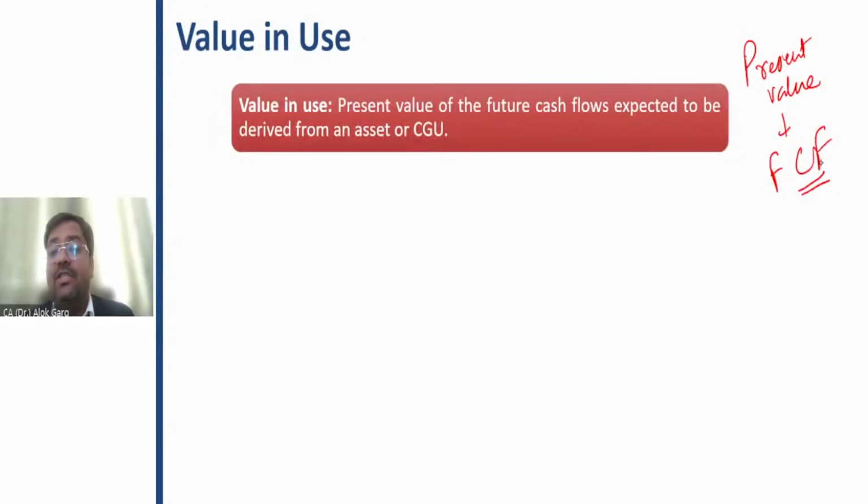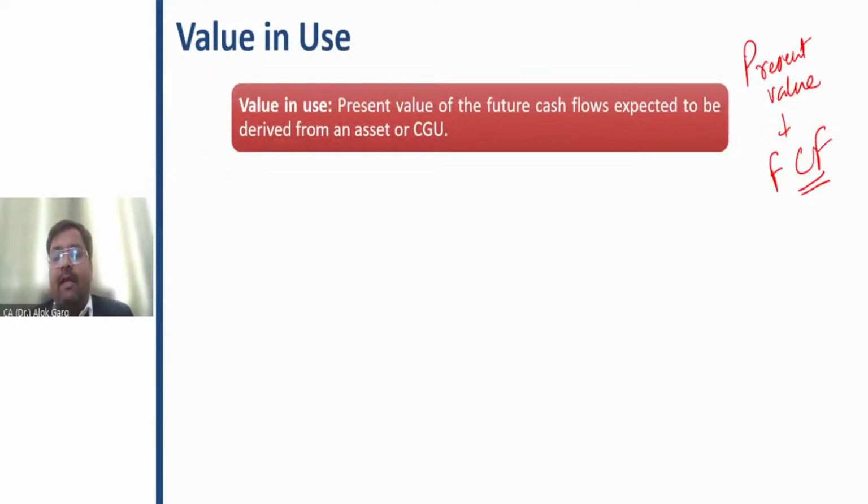For example, a teacher who is running a coaching institute says that from this building, I'm getting, let's say, 10 lakh rupees per month. But for earning 10 lakh rupees, he is incurring a cost of 2 lakh rupees every month. So for calculating the present value, you have to take both.